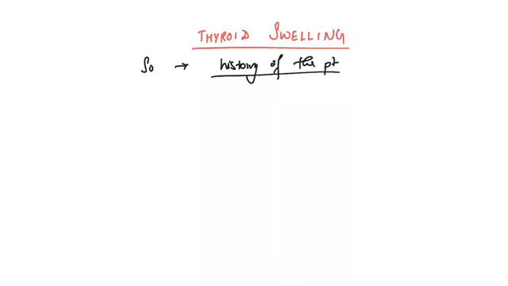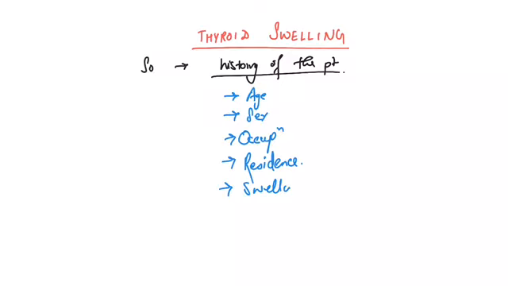Okay, let's have a look. Undoubtedly, you will know the particulars of the patient: the age, sex, occupation, residence, and then a few questions should be asked about the swelling itself.